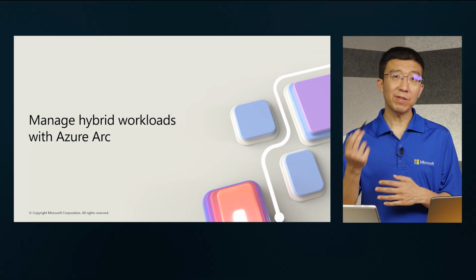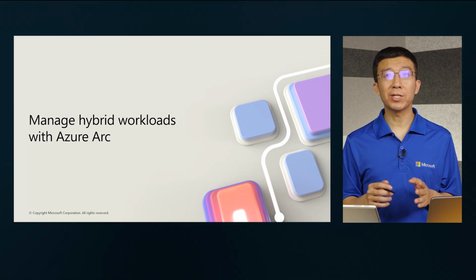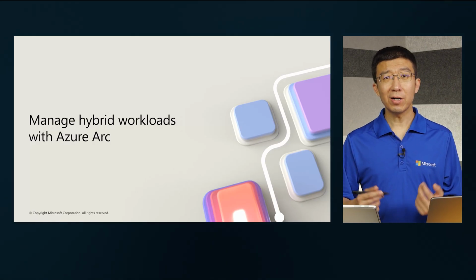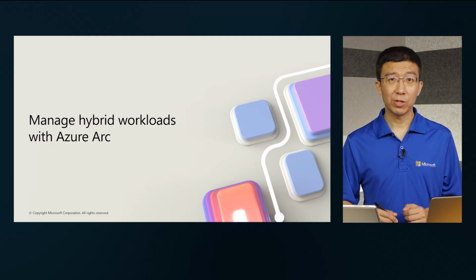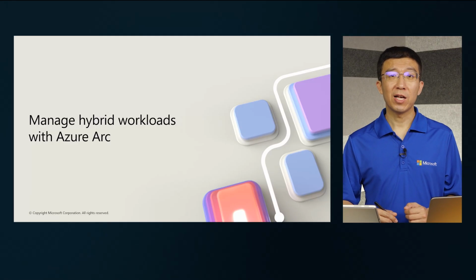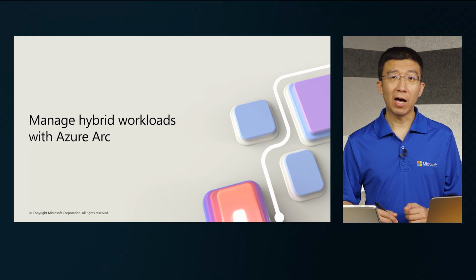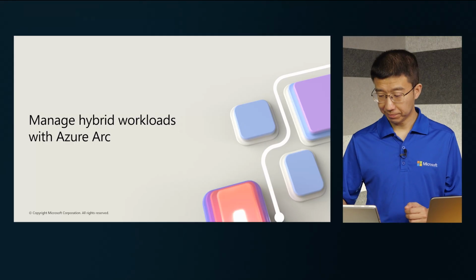Now, let's shift our focus to managing hybrid workloads with Azure Arc. Azure Arc enables you to manage servers, Kubernetes clusters, and data services across on-prem, multi-cloud, and edge environments, all from the Azure portal.